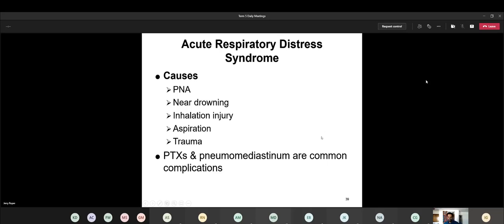So with any pediatric patient who has developed, say, pneumonia, and the pneumonia isn't getting any better, or they were a victim of almost drowning, a near drowning situation, there's a lot of water now inside of their lungs. So really, any lung injury is what this is saying here.